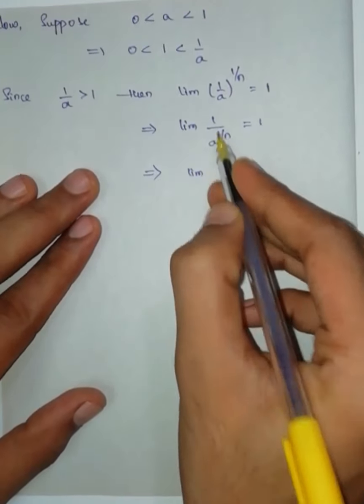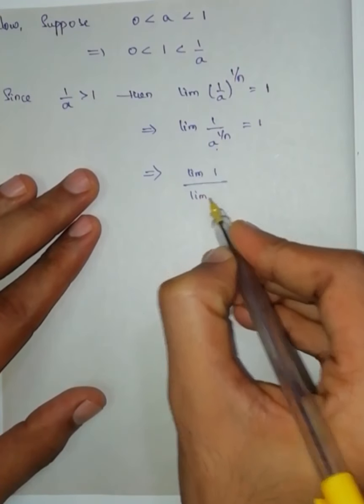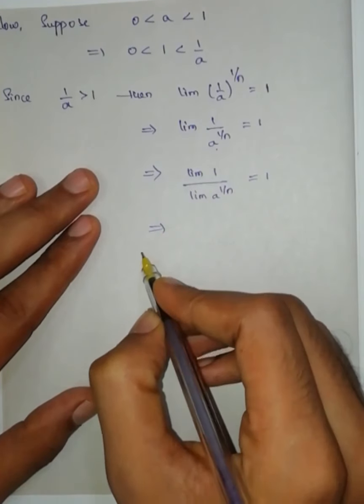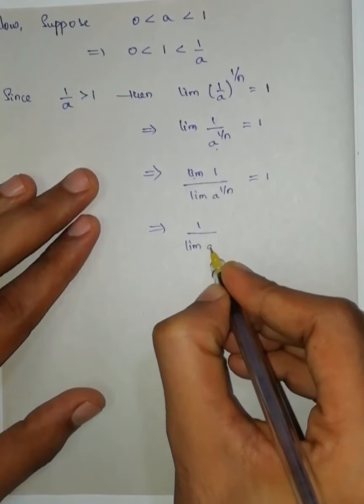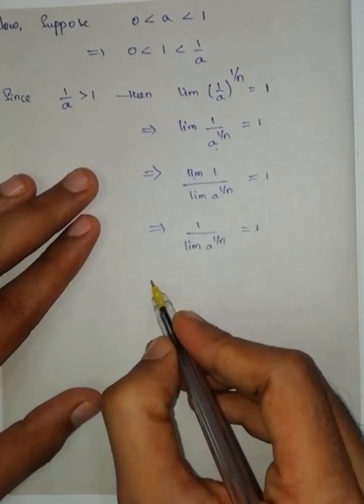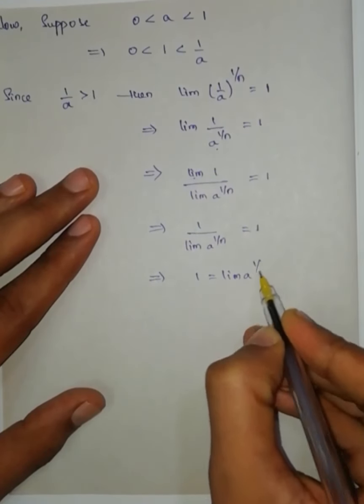limit of Sn by Tn can be written as limit of Sn by limit of Tn. This implies limit of 1 is 1, by limit of a to the power of 1 by n, is equal to 1. Now cross multiply, we will get 1 is equal to limit of a to the power of 1 by n.